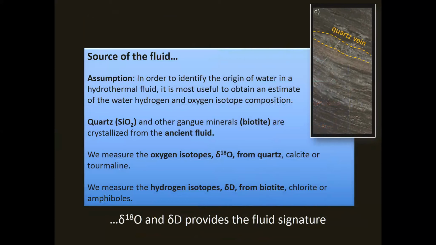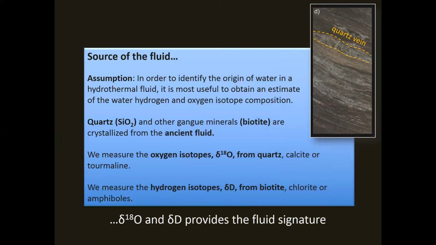So then, building further on this, now we have tried to pinpoint the source of the sulfur and the metal thereby. Now we will work with the source of the fluid, and we go for quartz and biotite. At the top right corner here, I have outlined one of these quartz veins over a drill core sample.